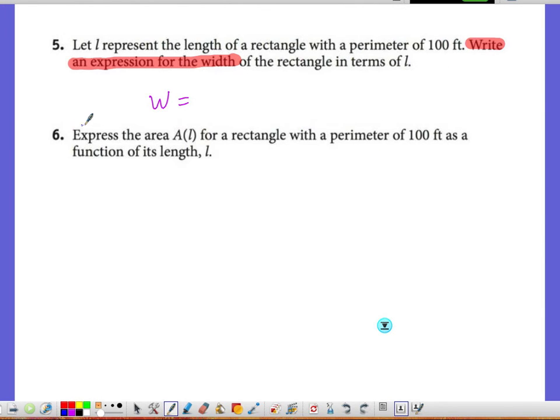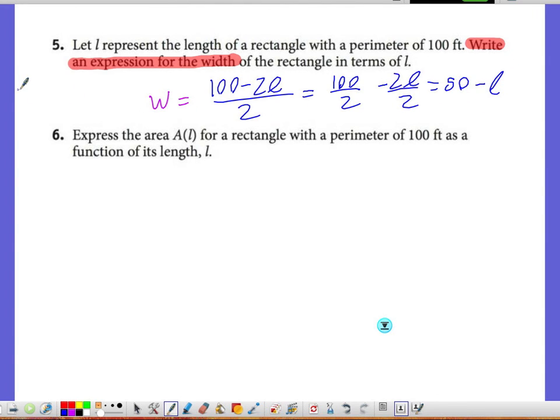And what we're going to get is W is equal to (100 minus 2L) divided by 2. Now we can simplify this, and this is basically going to be 100 divided by 2 minus 2L divided by 2. 100 divided by 2 is going to be 50, and then negative 2L divided by 2, well, that's going to be minus L. And so here it is: W is equal to 50 minus L.